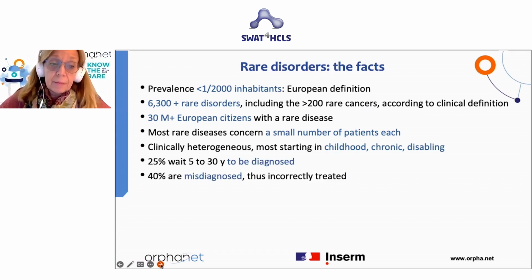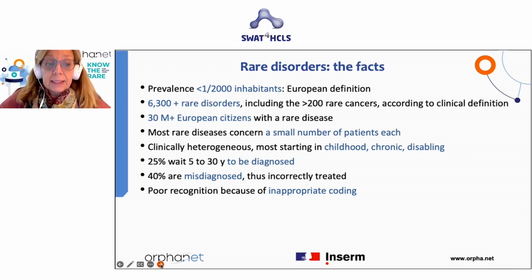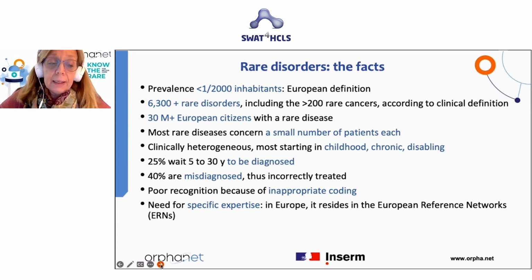40% are misdiagnosed, and misdiagnosed means mistreated. And there is poor recognition, so case recognition is extremely difficult, and I will go in depth on that because of inappropriate coding. And they need specific expertise, and in Europe we are very lucky that the expertise is well organized in what are called the European Reference Networks, the ERNs.